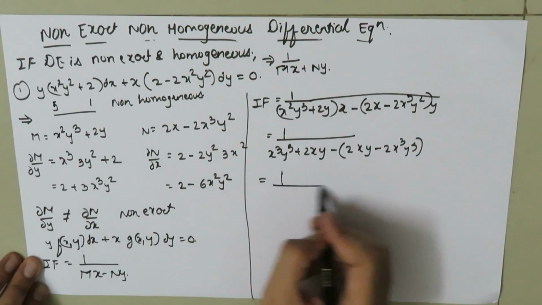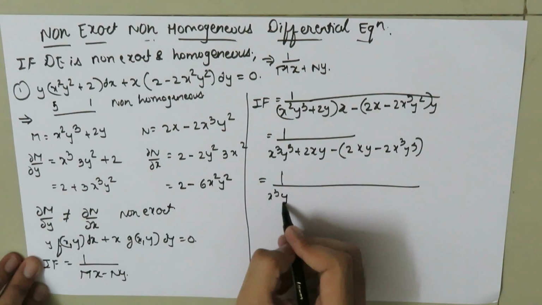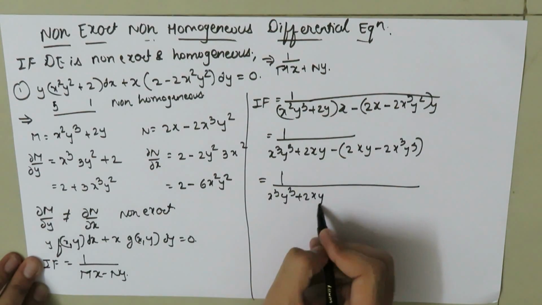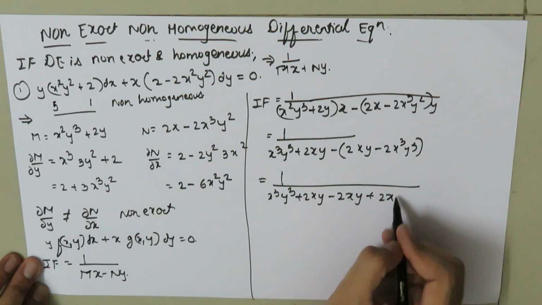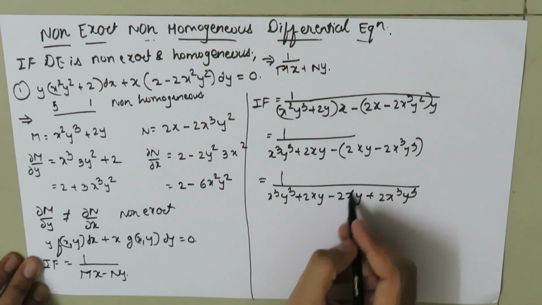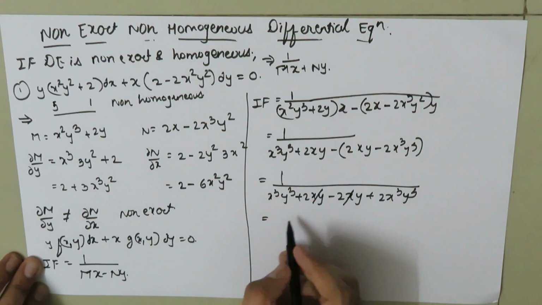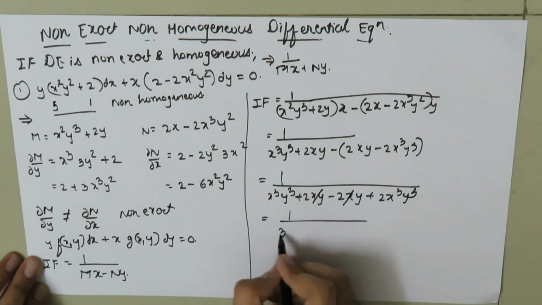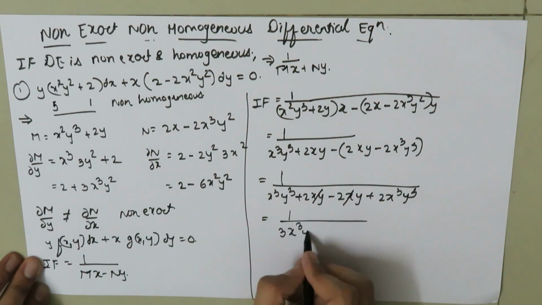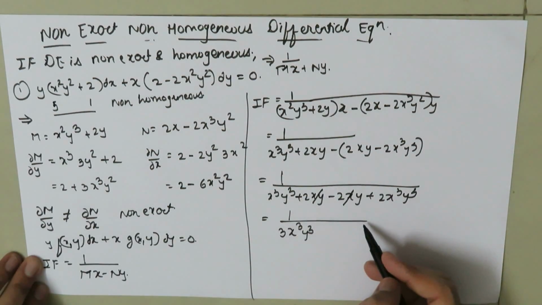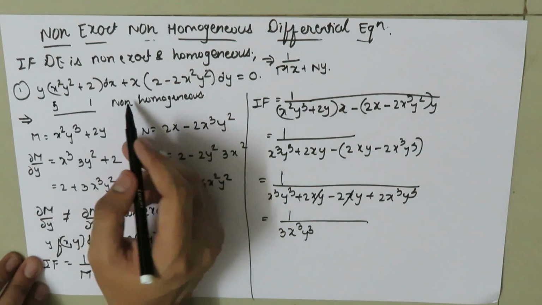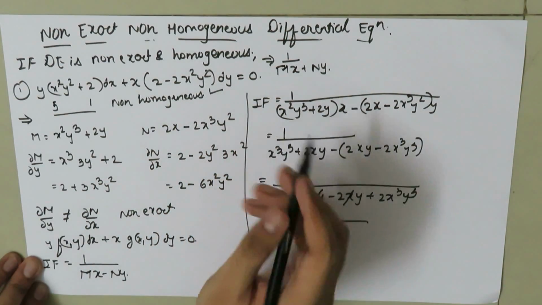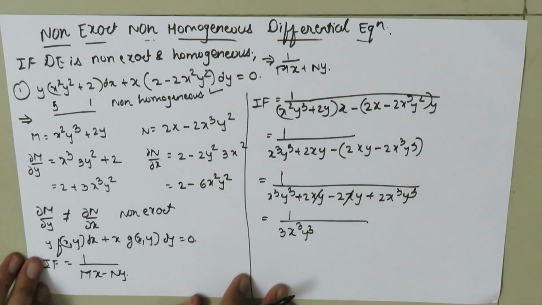So the positive and negative will get cancelled, and the integrating factor will be 1 upon 3 x cubed y cubed. And if you multiply this integrating factor with the given non-exact differential equation, then this differential equation will turn into an exact differential equation.